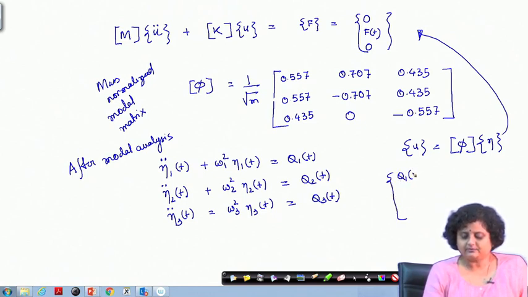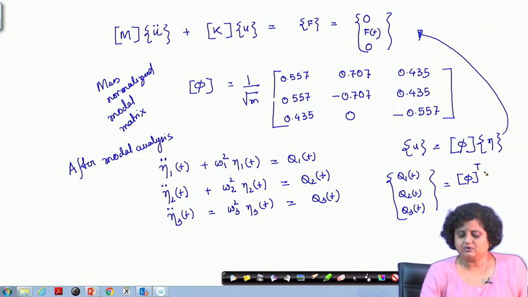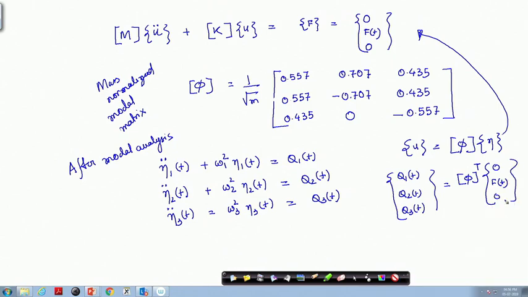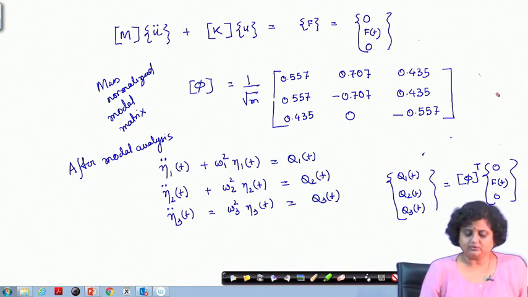So, as we have said earlier, q1, q2 and q3 t is nothing but phi transpose into the f vector, which is 0, f t and 0. So, let us find out q1, q2, q3. So, what I have to do is take the transpose of this matrix and then find out q1, q2, q3.